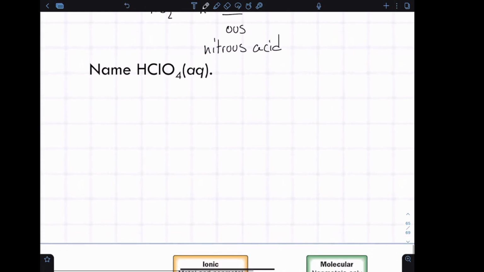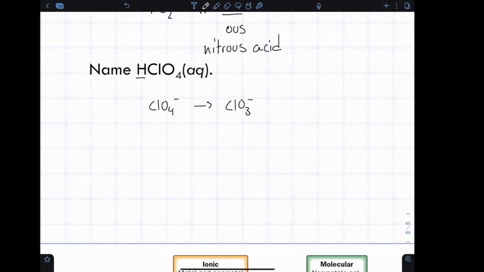So this is, again, we can use this information that we have, that there's a hydrogen here. That means that ClO4 minus has a 1 minus charge. And so this is our oxyanion. Now for chlorate, the base is ClO3 minus.